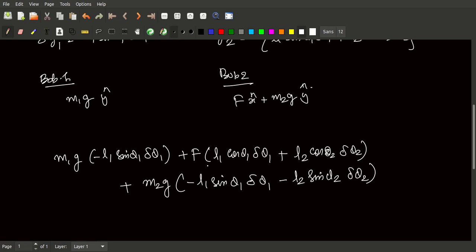This will be the total virtual work done. So this mg is acting along y, so we consider only del y1 here, and then here it is del x2, sorry, and this m2g del y2.